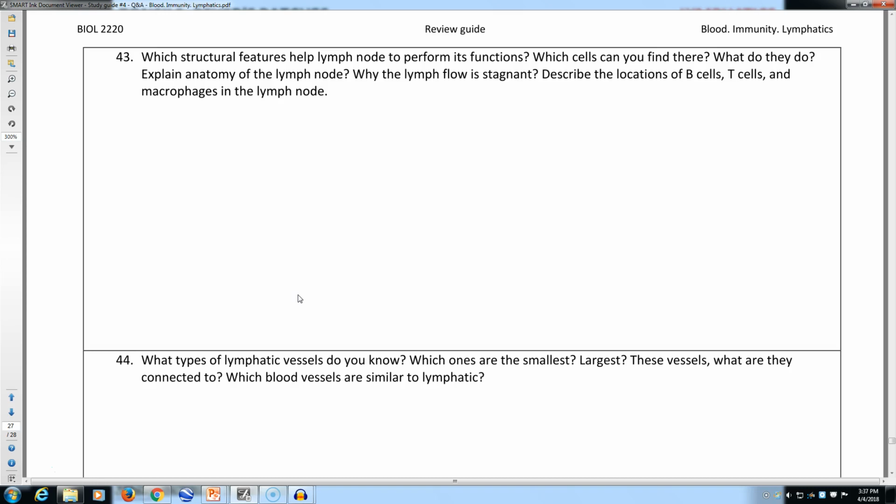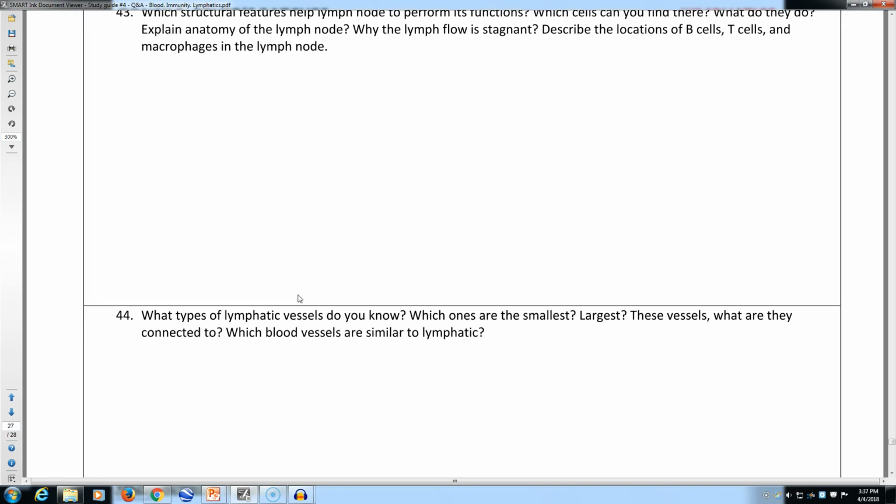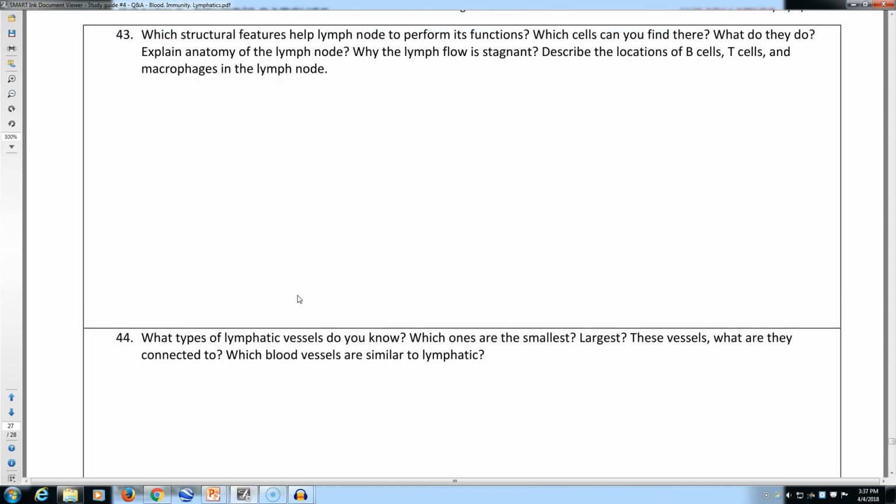So since lymph is more stagnant in the lymph nodes, since the flow of lymph through the lymph node is slower, better immune responses. B cells, mostly in the cortex. T cells, mostly in the medulla, macrophages. Medullary sinusoids. Okay.